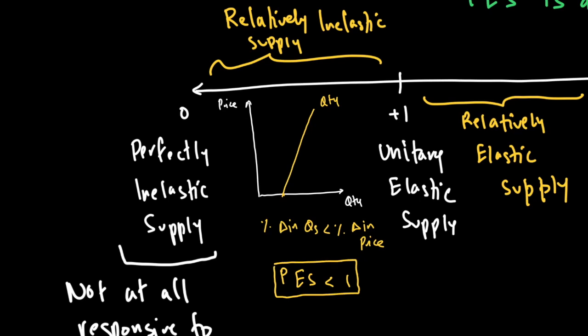An important thing that I want to explain here, and we need to remember, is that when you look at a relatively inelastic supply curve, although PES is less than 1, if you keep on increasing prices, let's say from P0 to P1 to, for example, P2, you will realize that the elasticity of supply will actually go up.